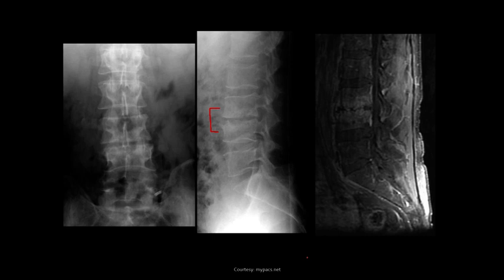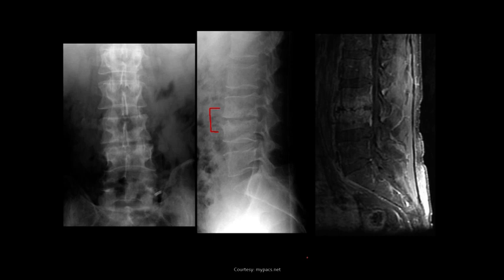What takes us more towards infection in this case is the fact that it's involving the intervertebral disc. Tumors do not like to go where there's no vascularity or blood. The IVD does not really have vascularity. It relies more on the vertebral bodies and the related tissues around it for diffusion for nutrition.